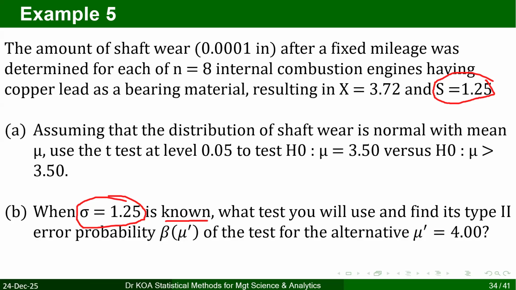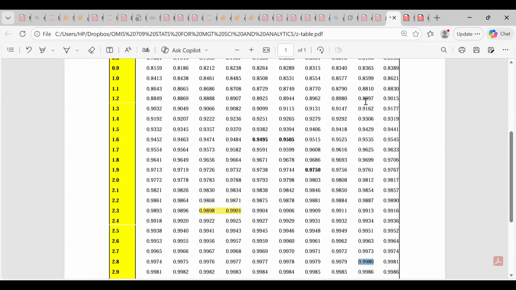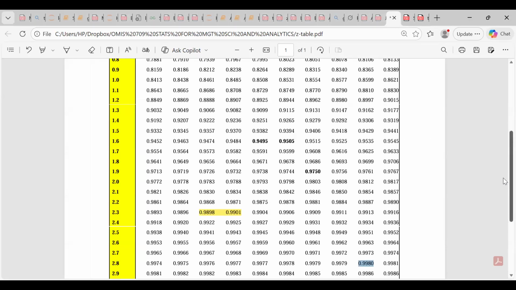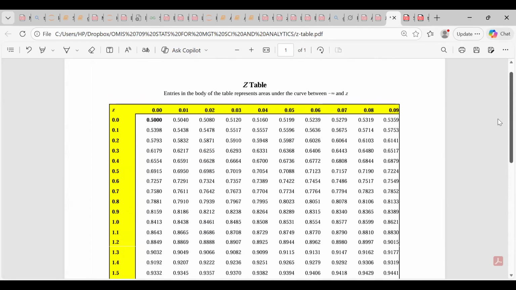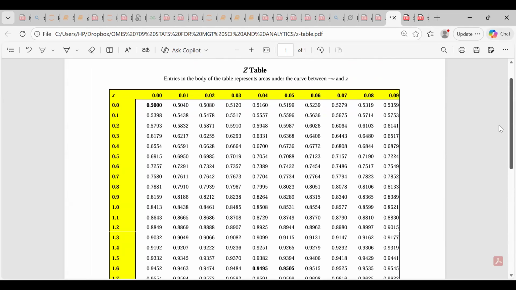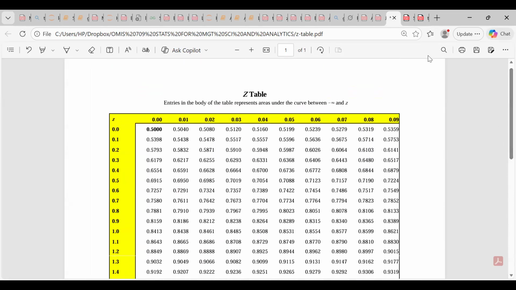Let's go to the Z table and find the 0.05 correspondence. Where's my Z table? I hope it's this one. What you are seeing here gives us probabilities.